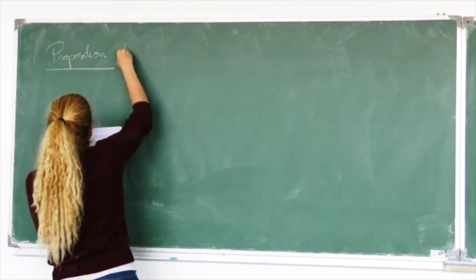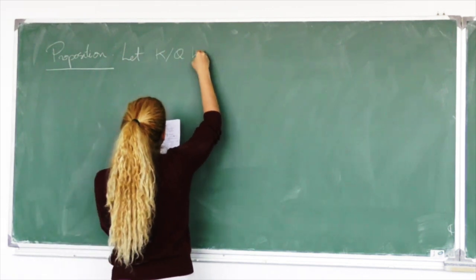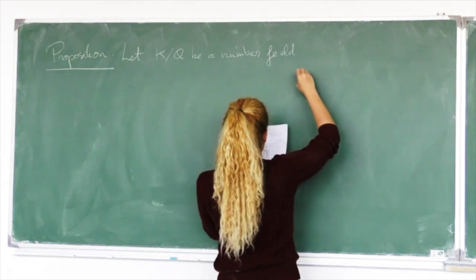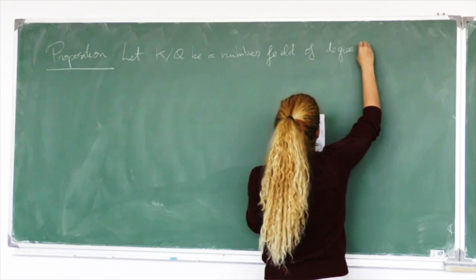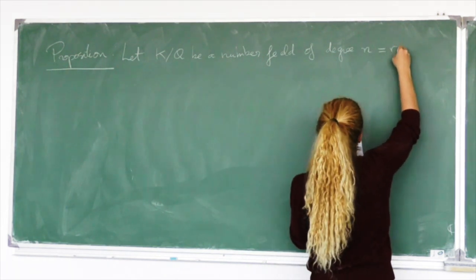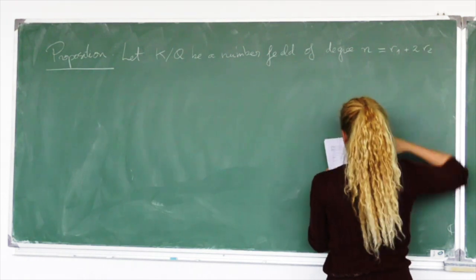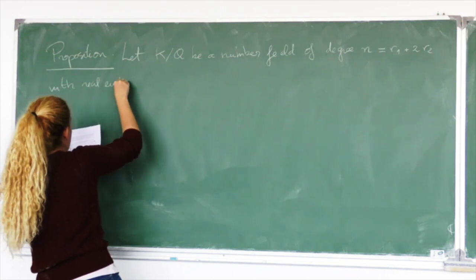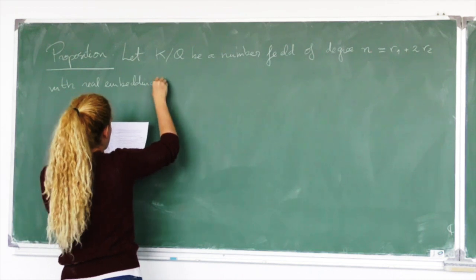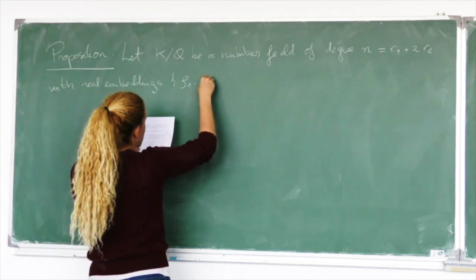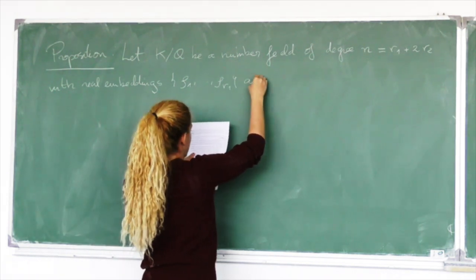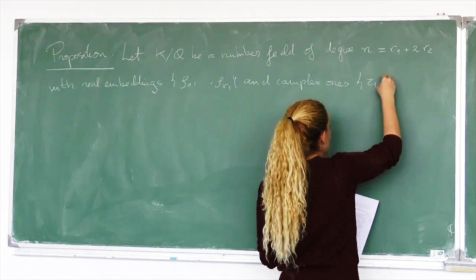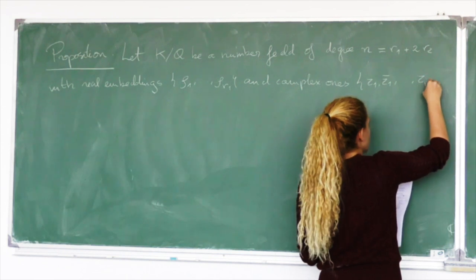Proposition: let K over Q be a number field, so I repeat, a finite extension of the rationals of degree n, and let me write n as r1 plus twice r2, with real embeddings rho 1 to rho r1, and complex ones, tau 1, the conjugated one, to tau r2 and the conjugated one.